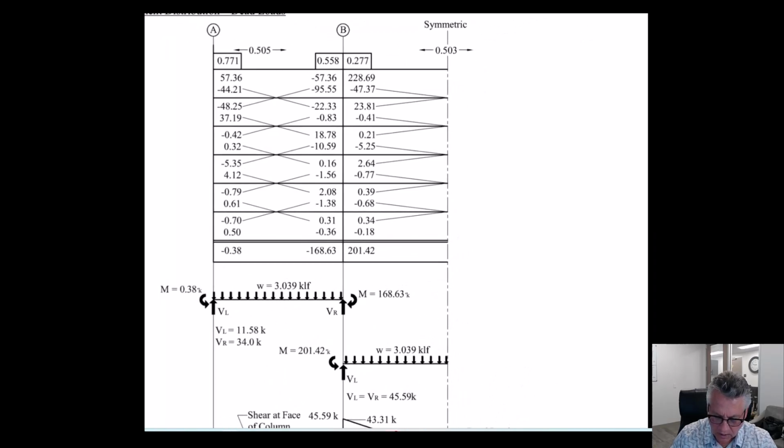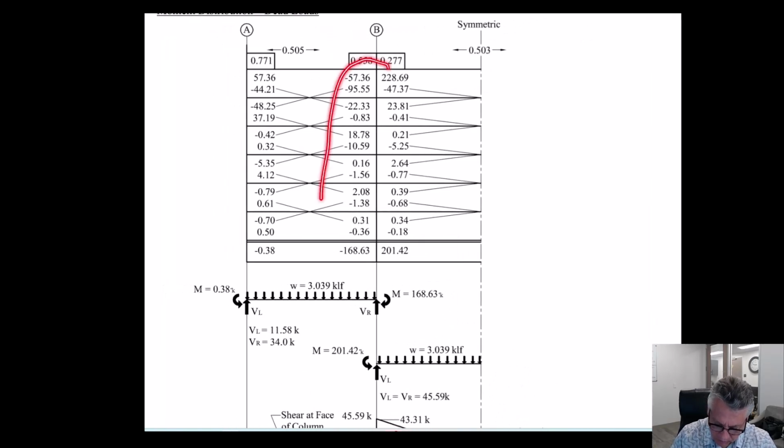Okay, so you'll notice a few things. The moment distribution actually takes a little longer to converge. You could call it converged down here, but it's not really getting there until you've gotten about this far. That's because the columns aren't taking out much of the moment. The slab itself has higher distribution factors than we had in the beam analysis.